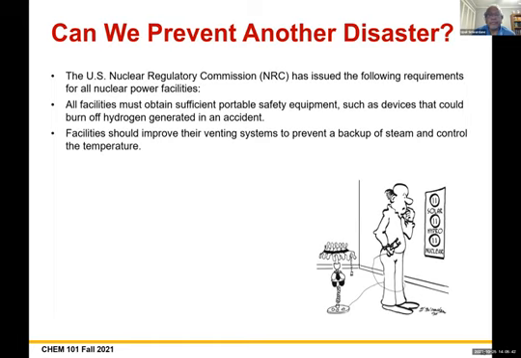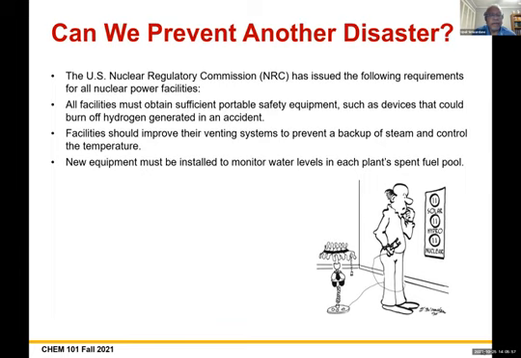Facilities should improve their venting to prevent the buildup of steam and control the temperature. Steam reacting with carbon has to be prevented. New equipment must be installed to monitor water levels in each plant's spent fuel pools.